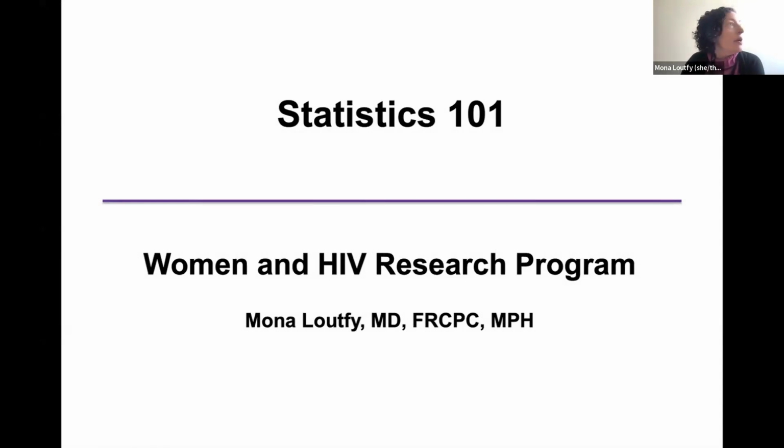Statistics 101. I'll start with a land acknowledgement that we are all right now living and working on beautiful land that is known as Turtle Island, and that has traditional owners and custodians of that land, the first people of this land and Indigenous people.